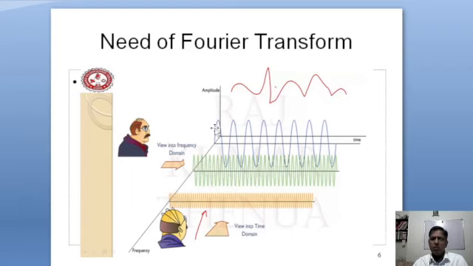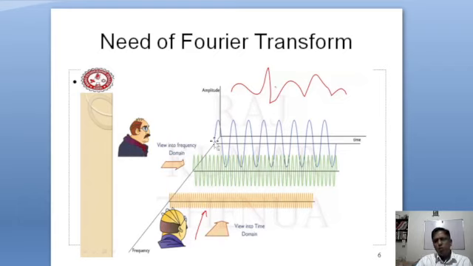That means this blue wave is a low frequency wave, the green wave indicates a medium frequency, and this brown wave indicates a very high frequency. If you see these waves from the left side, then you can see the amplitude versus frequency graph, and that is nothing but a frequency domain plot.